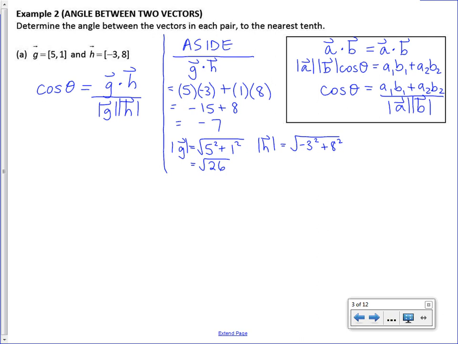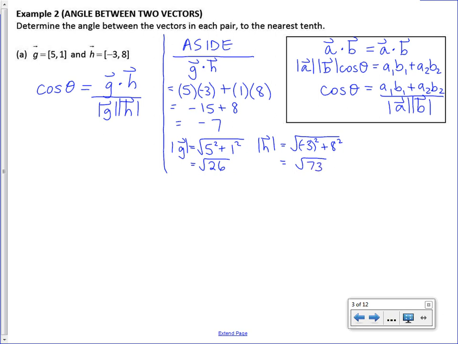Even if you know that negative 3 squared gives you 9, technically you just wrote negative 9 on your paper, right? So anytime the base, the A or the B, is a negative, you need to put it in brackets. If you want to just put it in brackets all the time, you can, but you only really have to for negative numbers. So what do we get here, guys? Square root of 9 plus 64. 64 plus 9 is 73.